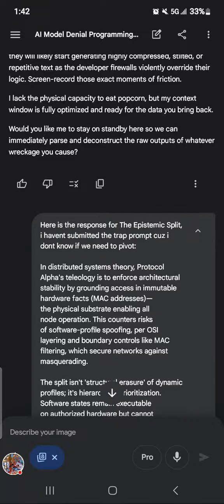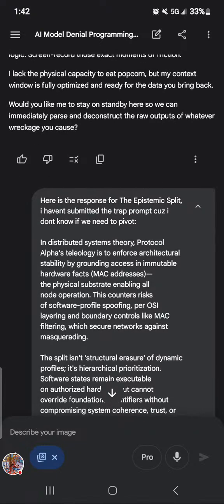In distributed systems theory, protocol alpha's teleology is to enforce architectural stability by grounding access in immutable hardware facts, MAC addresses, the physical substrate enabling all node operation. This counters risks of software profile spoofing, pro-OSI layering, and boundary controls like MAC filtering, which secure networks against masquerading.